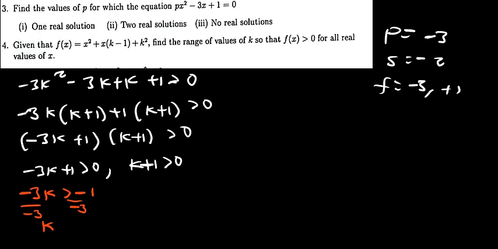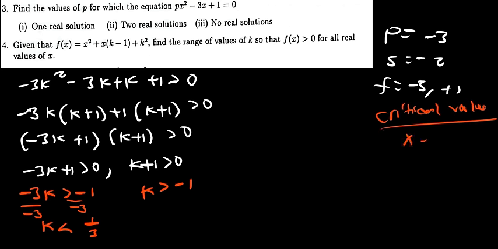So k will be less than 1 over 3. This one now, k will be greater than negative 1. So we have two critical points: k equal to negative 1 and k equal to 1 over 3.